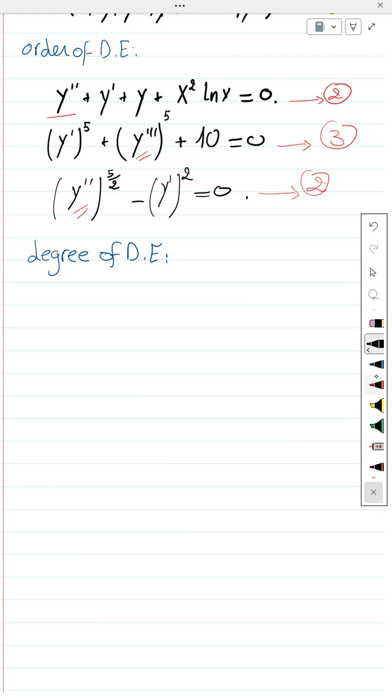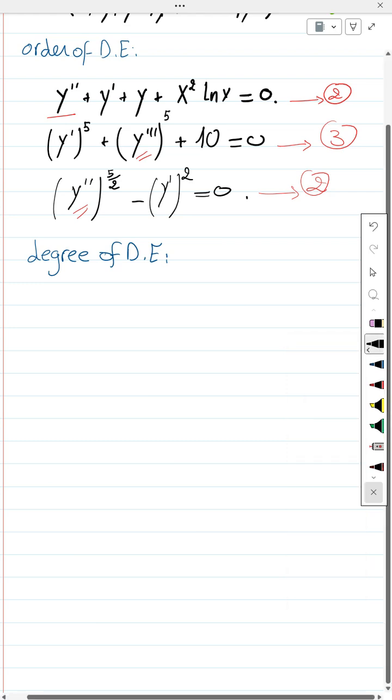Dealing with the same example, we have y second prime plus y prime plus y plus x squared ln x is equal to 0. As you can see here, this is the highest derivative raised to the power of 1. So the degree right here is 1.